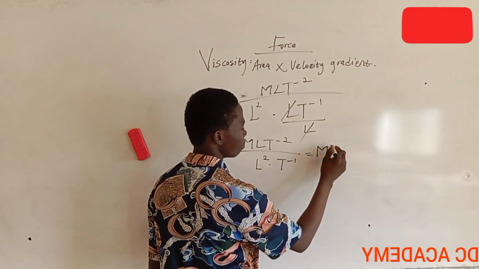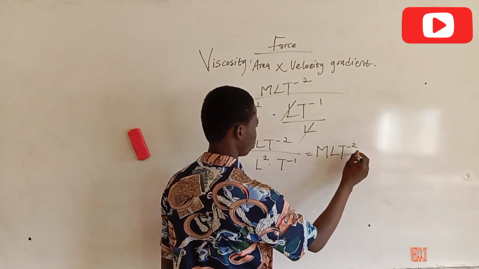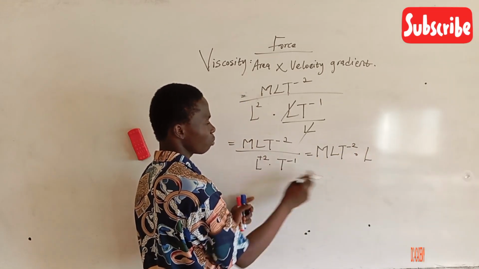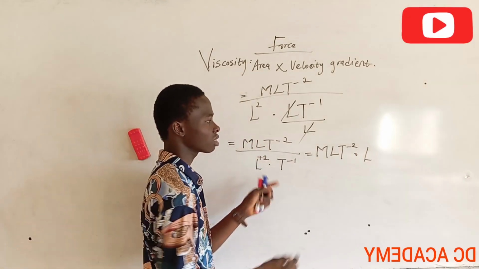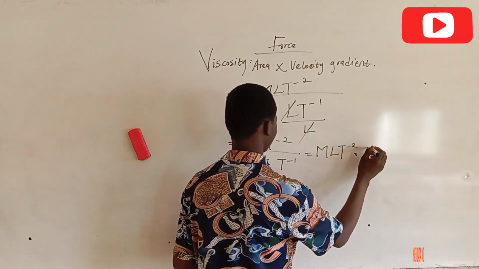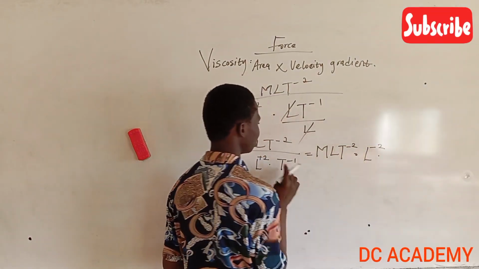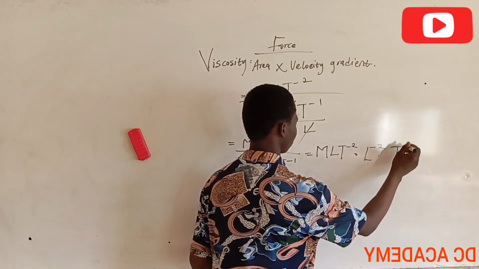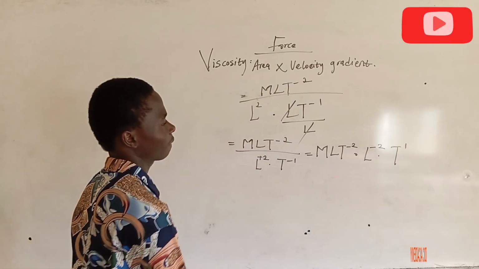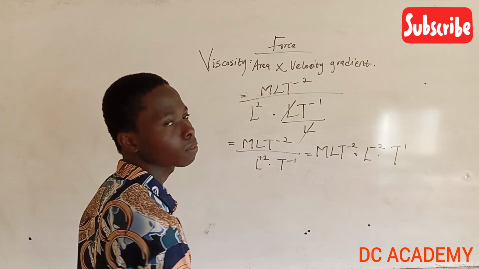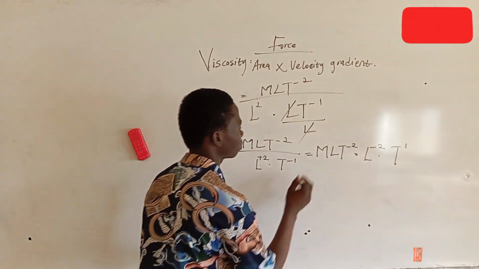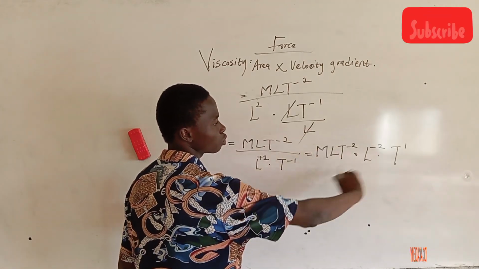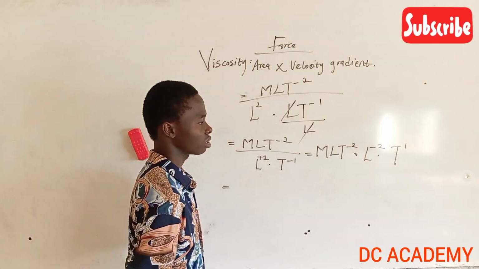Now it looks like this: MLT⁻² times L. Now this is your positive form here. When it goes up, the inverse of positive is negative, so you get minus 2; this is negative, and if it goes up it is positive, times T. Now, the M has nothing to do with other quantities here, so let's take it out.